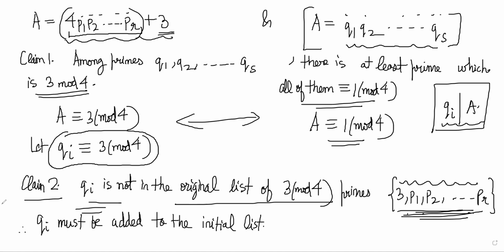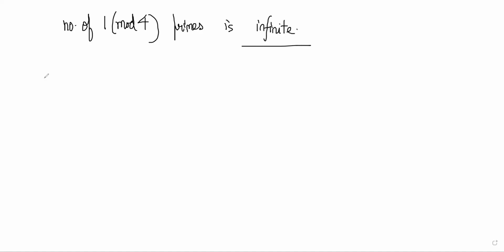Notice that the same method that we have done here won't work for 1 mod 4 primes. So if I want to prove that the number of 1 mod 4 primes is infinite, and I try doing this by creating a list of 1 mod 4 primes, for example, P1, P2 till PR, and let's say I do the same process.